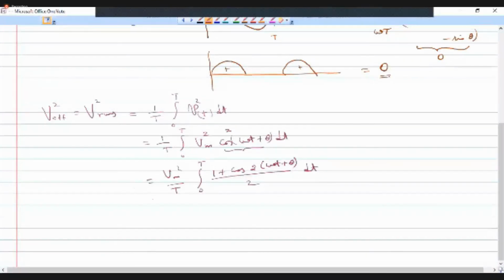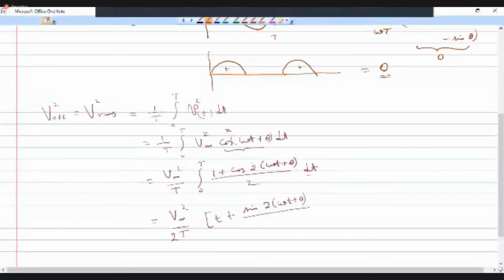So this is equal to Vm square divided by T. I will take 2 also outside. So when we multiply this by dt, we have integral of dt, which is t, and integral of cos of 2 omega t plus theta is sine of 2 omega t plus theta divided by 2 omega.